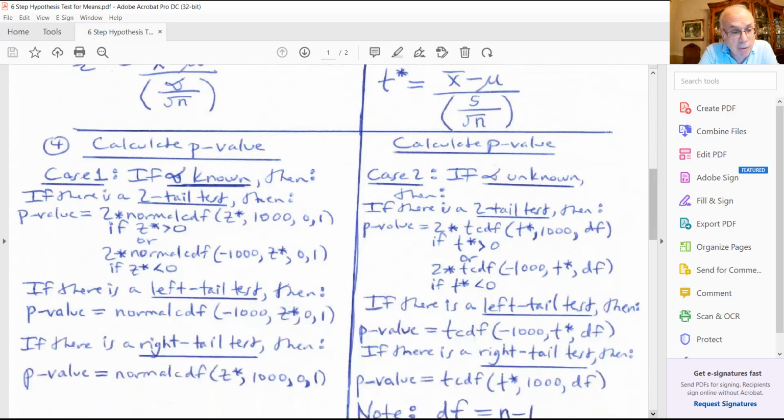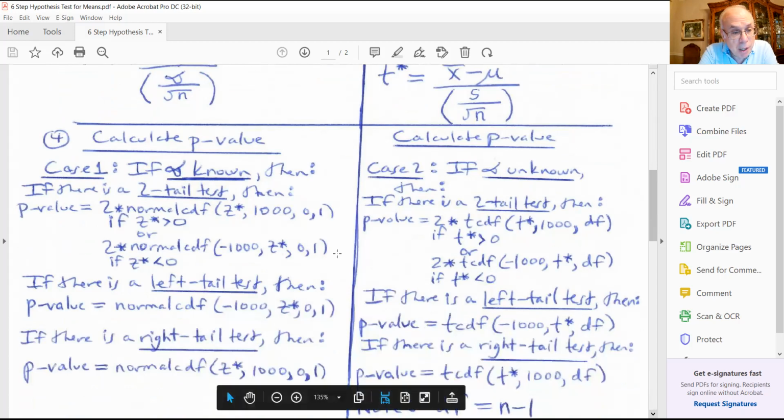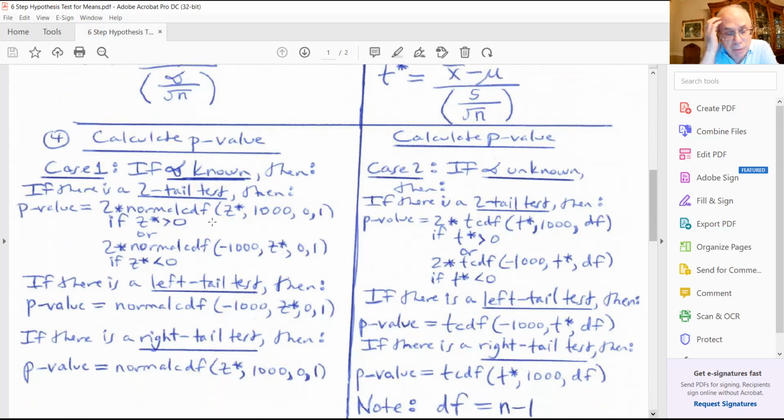I'll actually write them all out for you so you see it. We're going to say the p-value is 2 times the normal CDF. And if z star happens to be greater than 0, to the right of 0, remember, it's a two-tailed test.